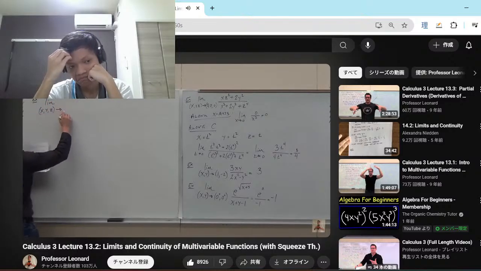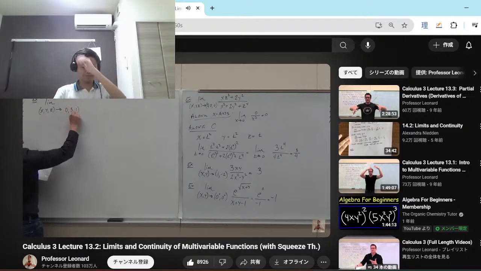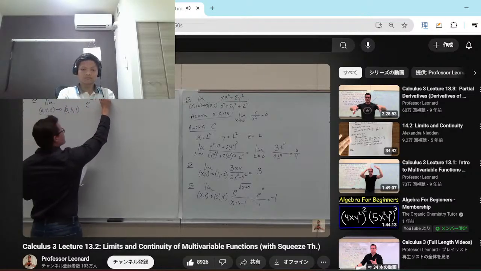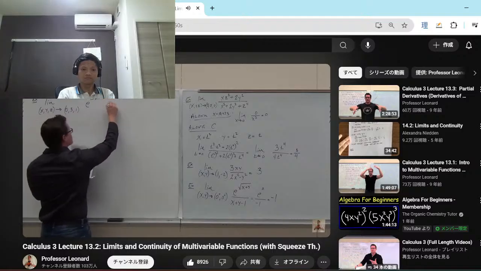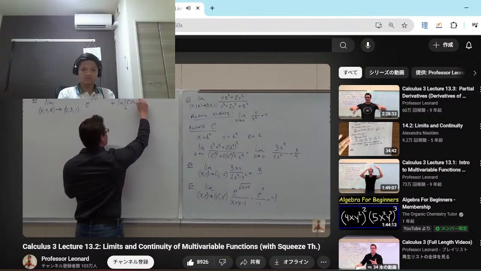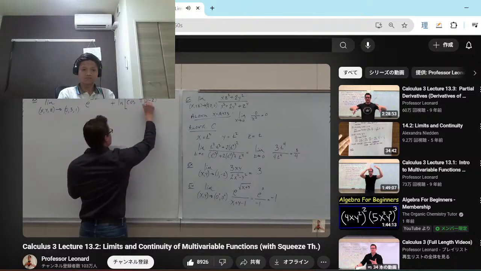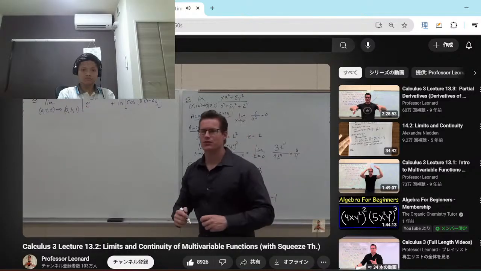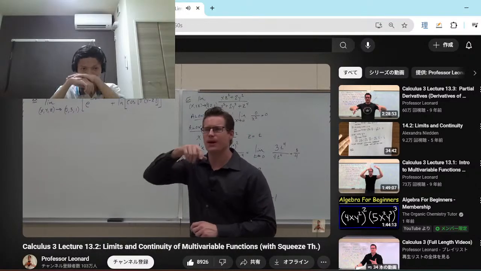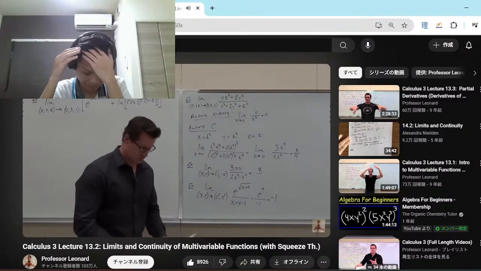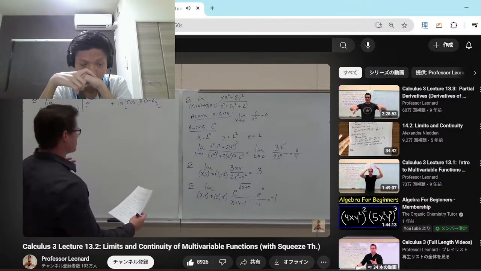I want the limit of the following function as we approach the point (0, 3, 1). What's the first thing you do with any limit, ever? You just plug it in and see what happens. Hopefully I wrote it down right. I'm sorry.